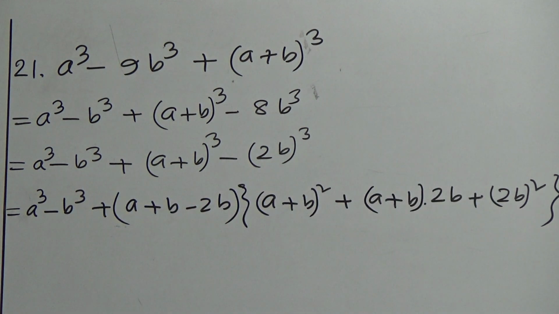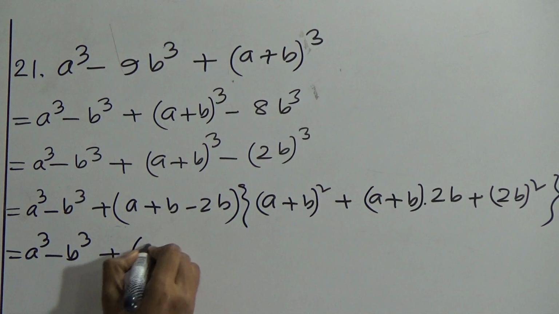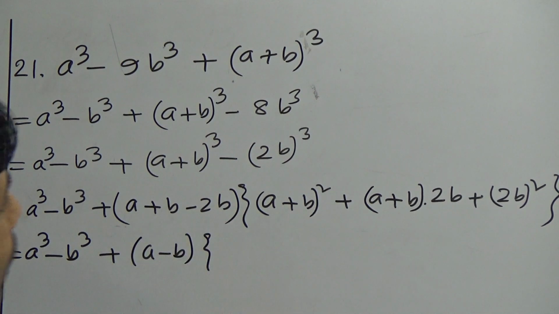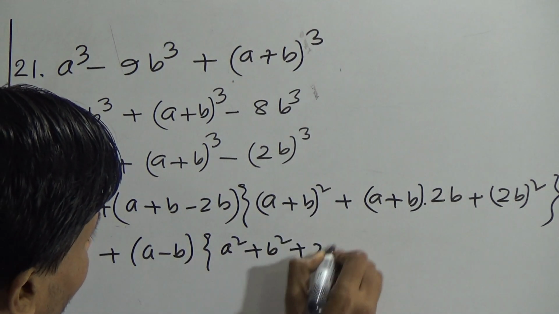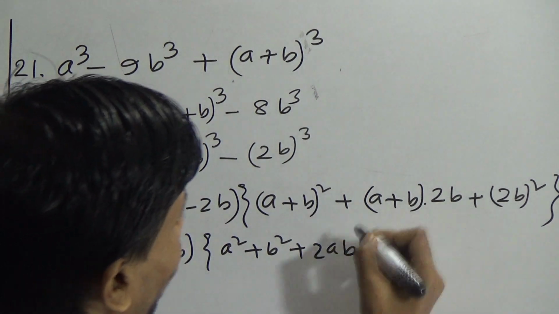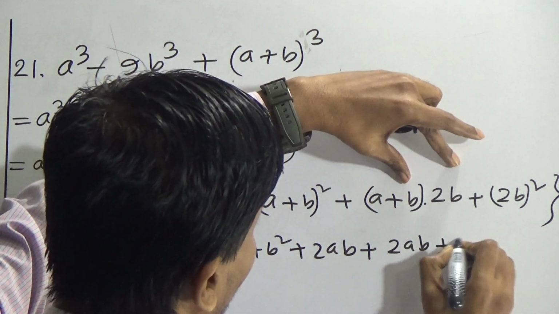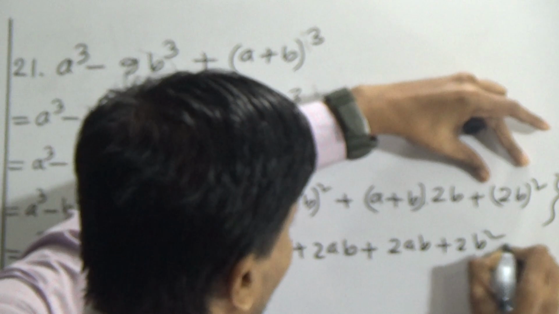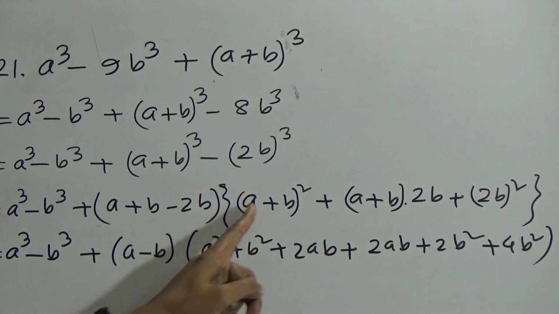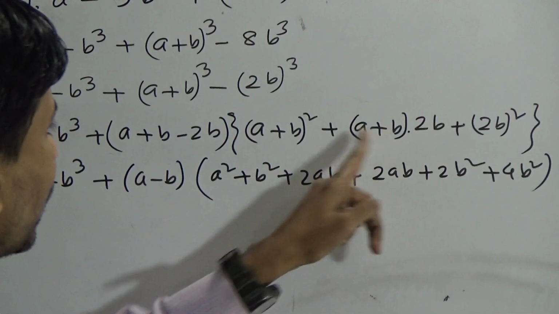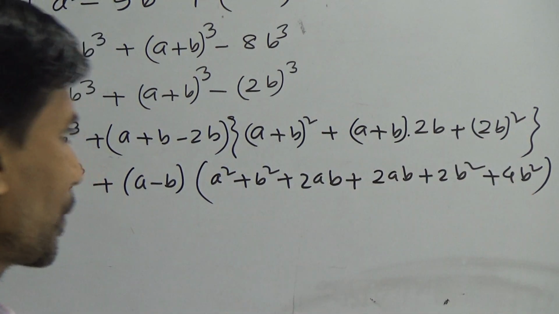Okay. Now a cube minus b cube plus a minus b. We have to break this formula: a square plus b square plus twice ab. Then you have to multiply, 2ab plus 2b square. Then 4b square. Student, look, a square plus b square plus 2ab, 2b into a means 2ab. 2b into b is 2b square, (2b) whole square means 4b square.